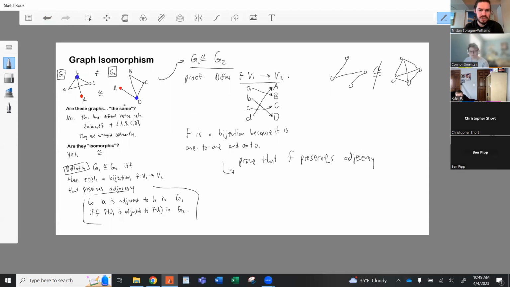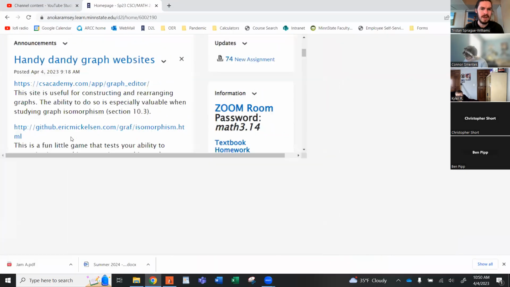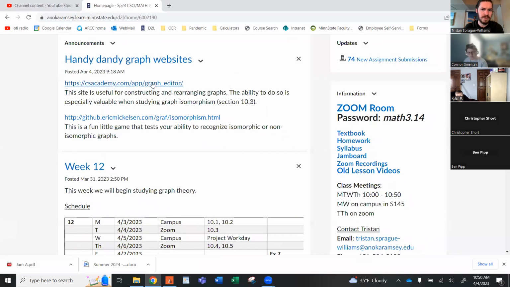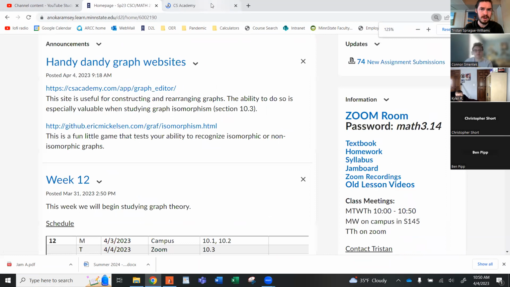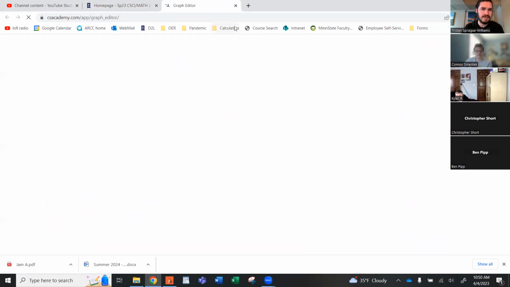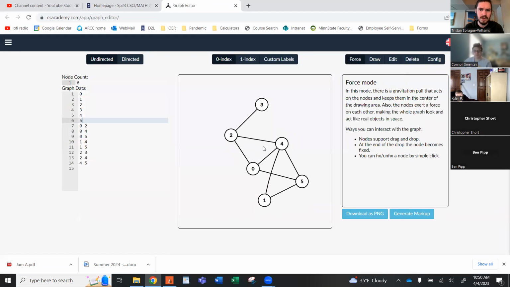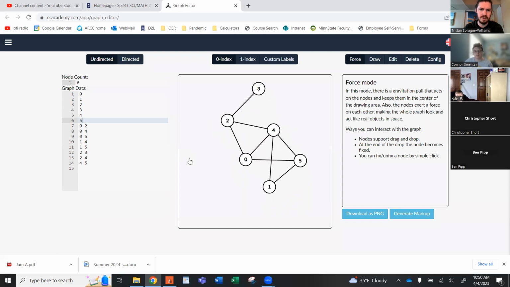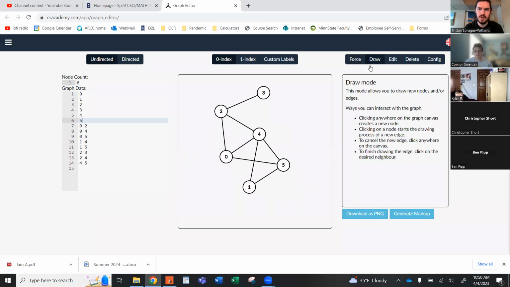The last thing I want to show you related to this is a couple of things I posted on D2L. So some handy graph websites. Here's a nice one. On this website, you can construct a graph, especially if you go into draw mode.